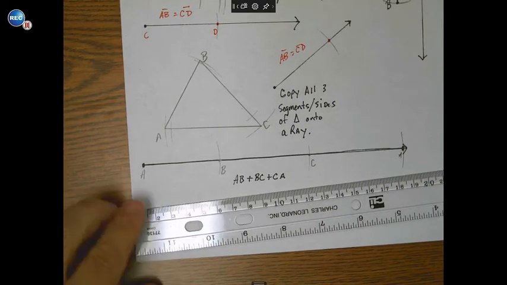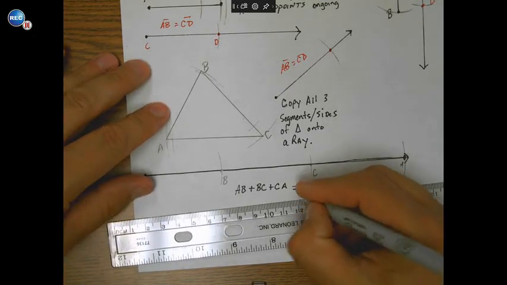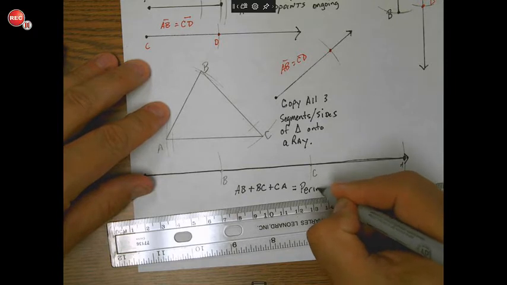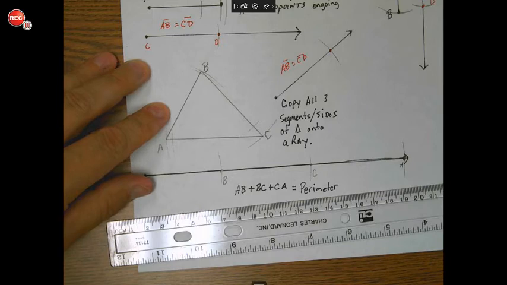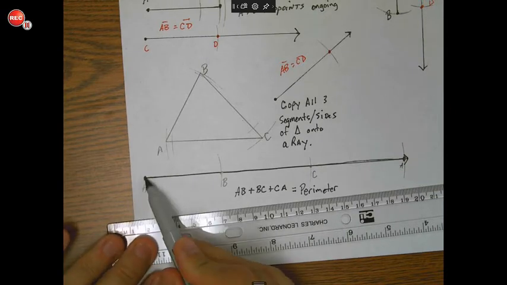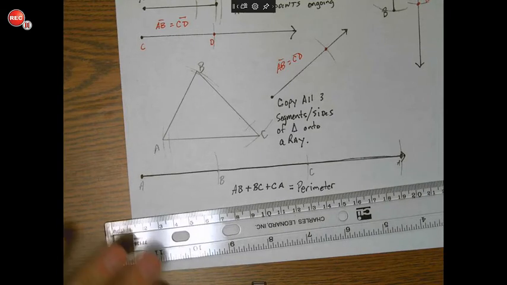Does anybody know that special term? Perimeter. Who said that? Good job, Mia. Perimeter. So that segment that I just outlined from this point to this point represents the perimeter of the triangle.